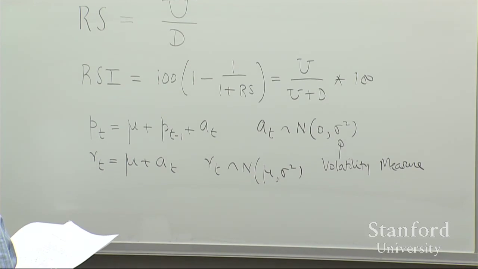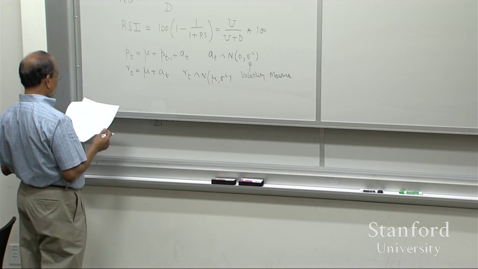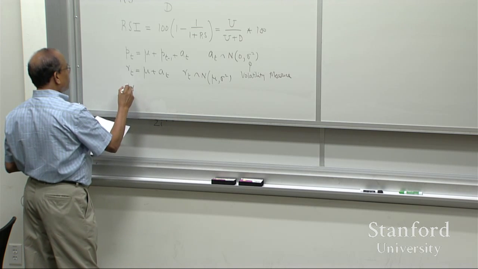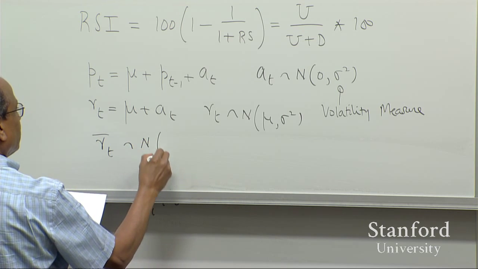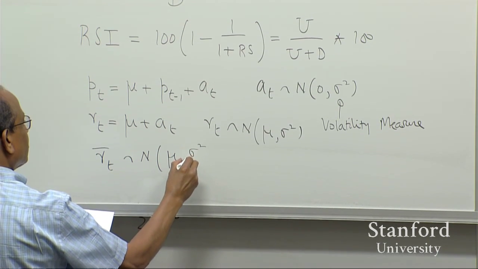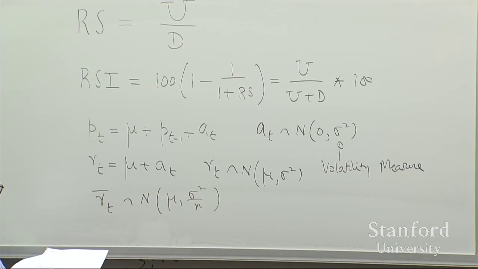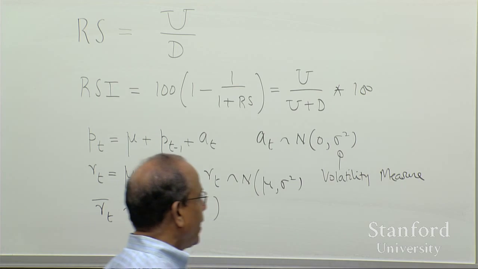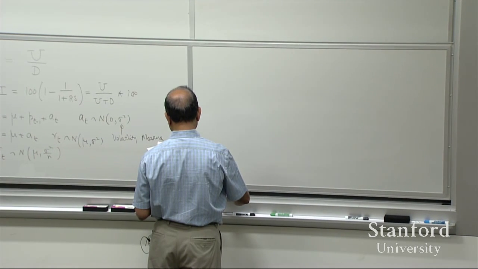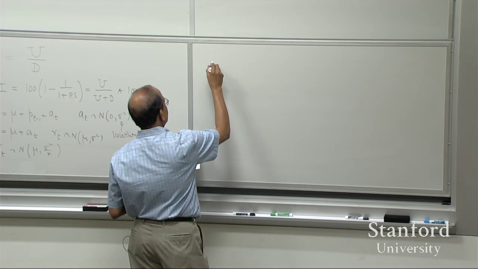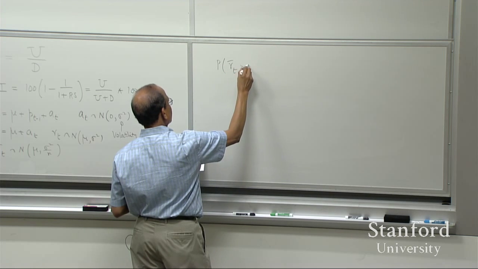So if we calculate the average return, we can show that R bar_T follows a normal distribution with mean mu, variance sigma squared over n. So if you are looking for the average return over time to be positive, so looking for the probability that the average return is greater than 0.